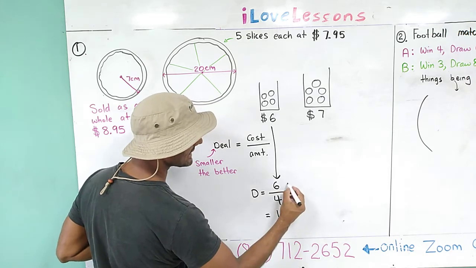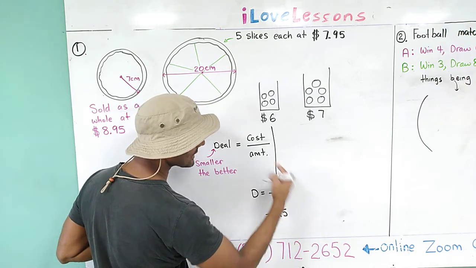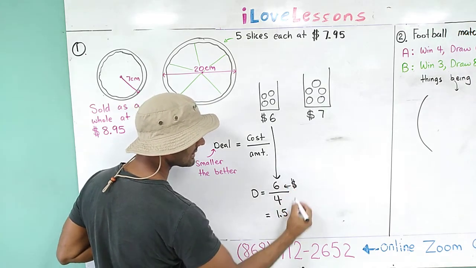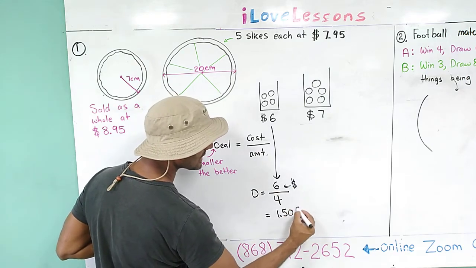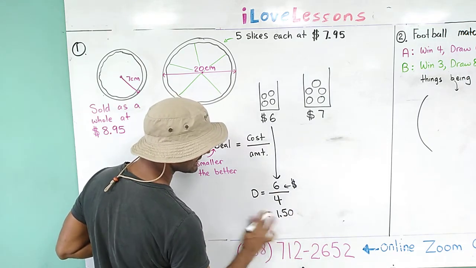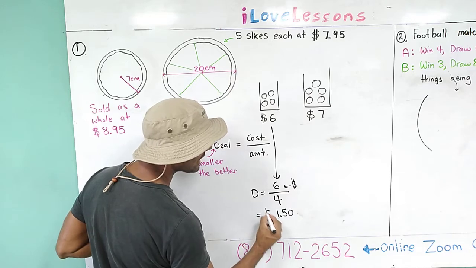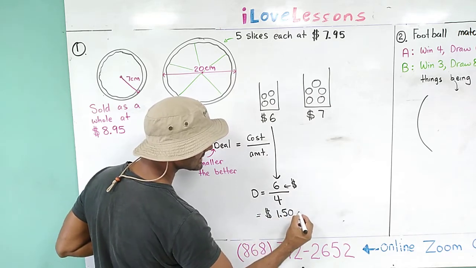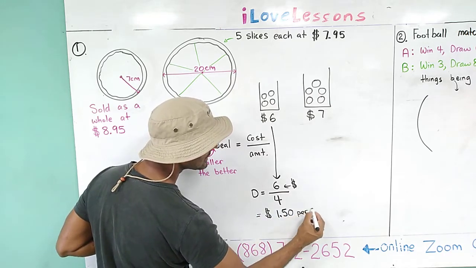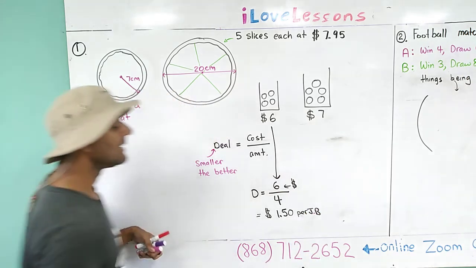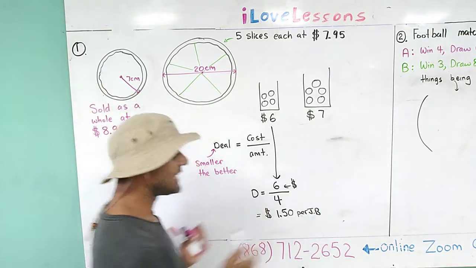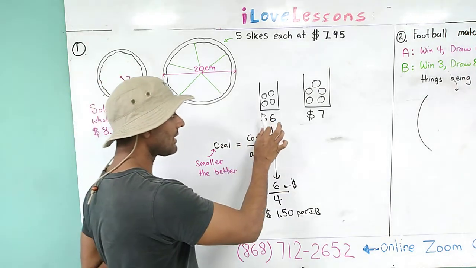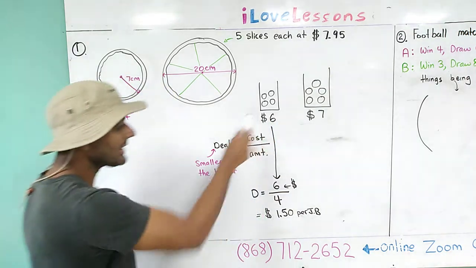In this case, we are dividing the cost, which is in dollars, so the answer would be $1.50 per jelly bean, JB. So for each jelly bean, we are paying $1.50.